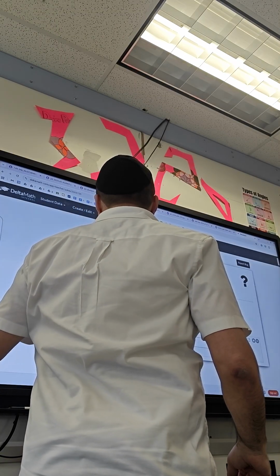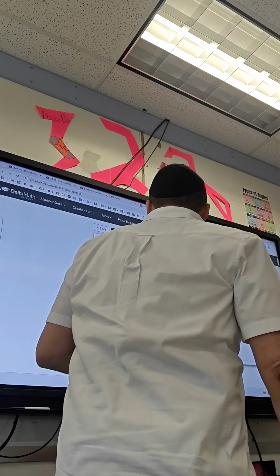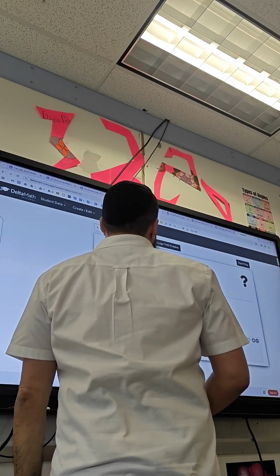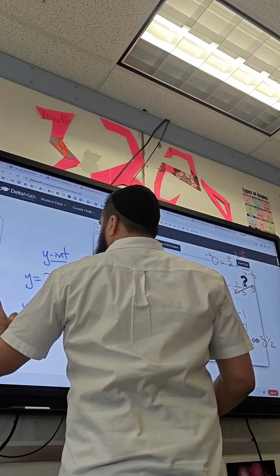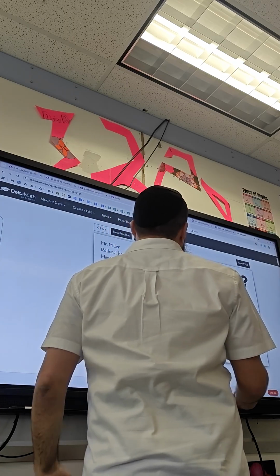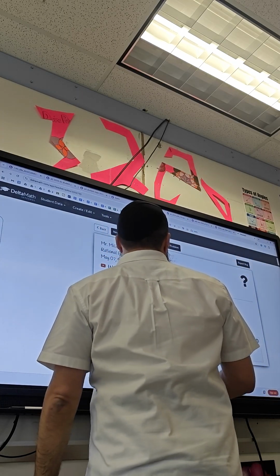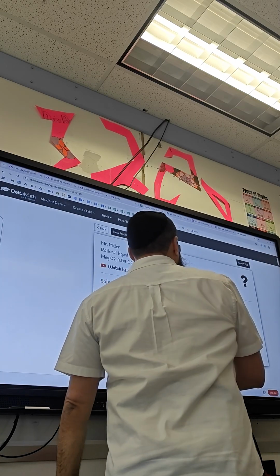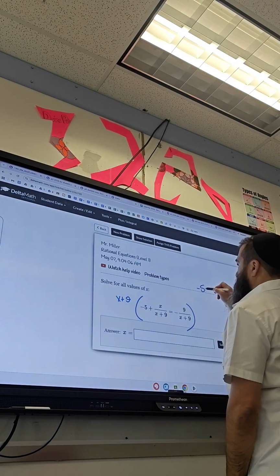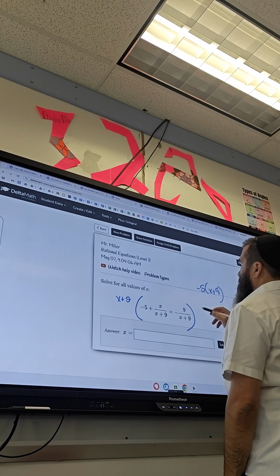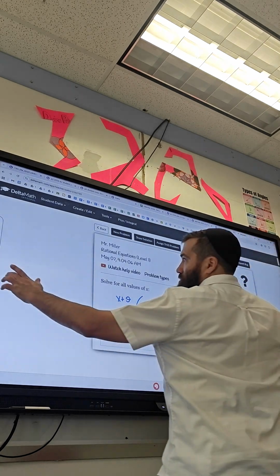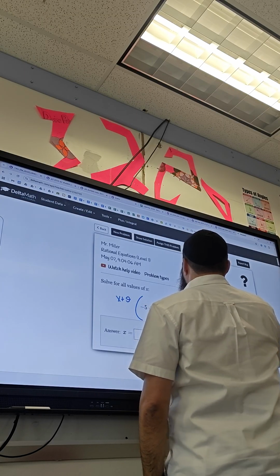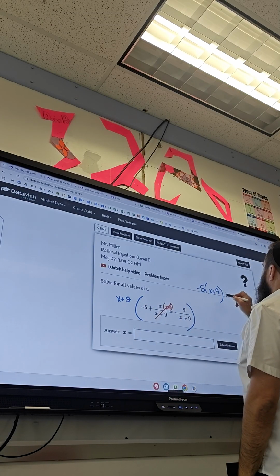And rational equations. These I don't necessarily have to do, but we did ones like this, so I might as well include it anyway. This definitely involves algebra. We're basically multiplying the entire thing by the denominator, x plus 9. So we get -5 times x plus 9. On these, when you multiply by x plus 9, it cancels out, so you're left with plus x.